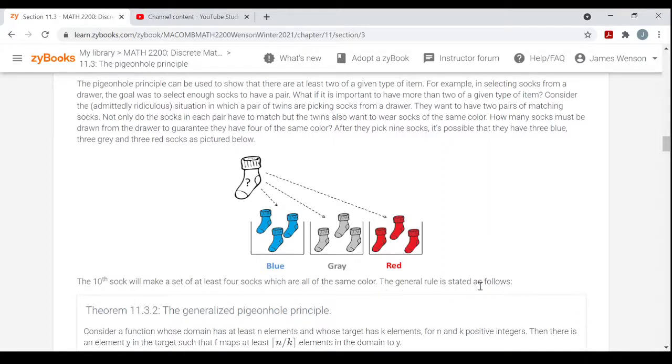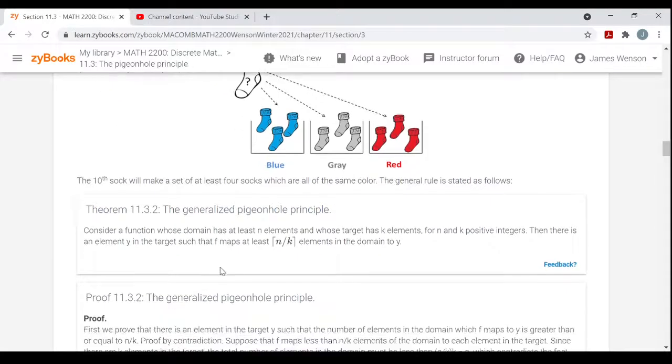All right, so this general rule is stated here mathematically. So consider a function whose domain has at least n elements and whose target has k elements, for n and k positive integers.